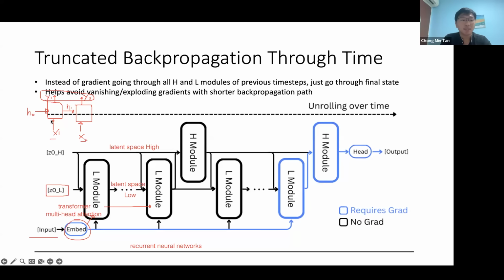Sometimes you might also pass in the entire input sequence first, then you take the output. So just to modify this diagram a bit, maybe you can say that this is the done token. Only at the done token here, then you start to output your Y1, Y2. That's also a possible way of doing this recurrent network.